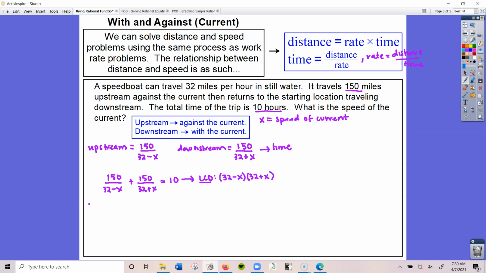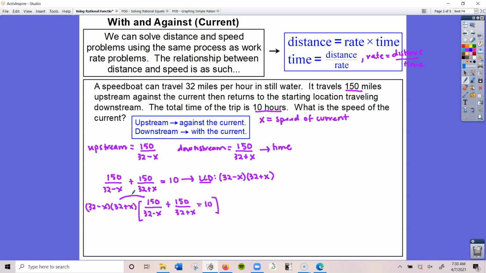So we have the 32 minus x times 32 plus x times 150 over 32 minus x plus 150 over 32 plus x is going to equal 10.